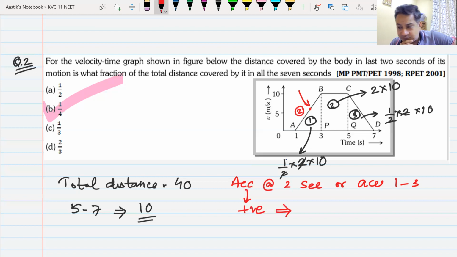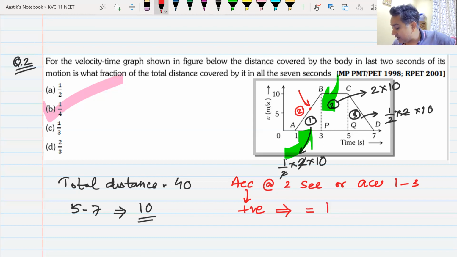What is the acceleration from 1 to 3 seconds? To find out this acceleration, you have to find out V2 minus V1 and T2 minus T1. How much is V2 minus V1? Tell me. V2 is 10, V1 is 0.